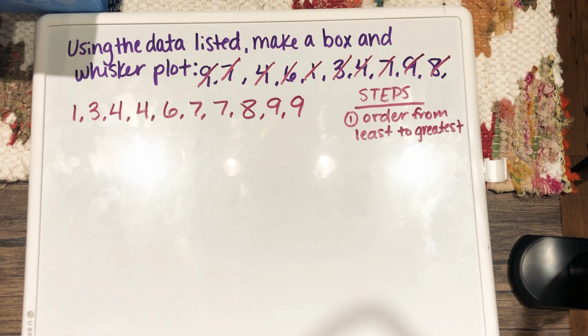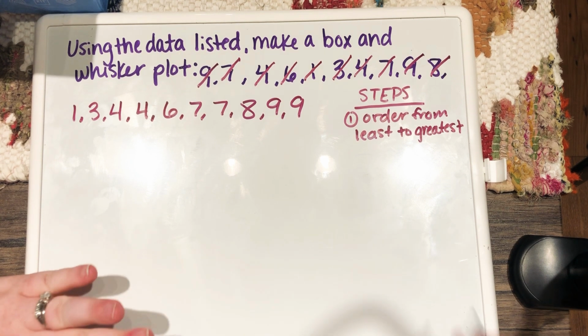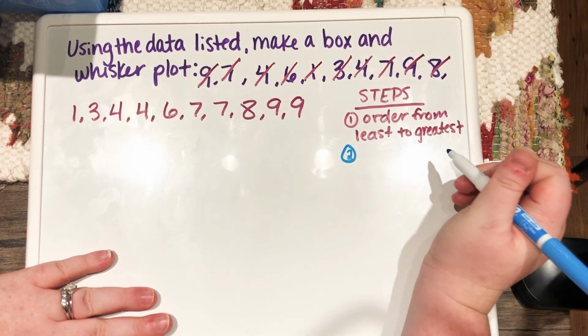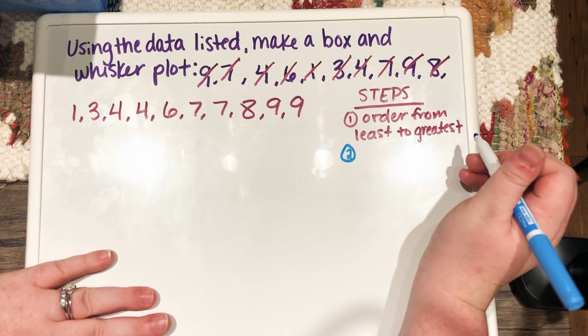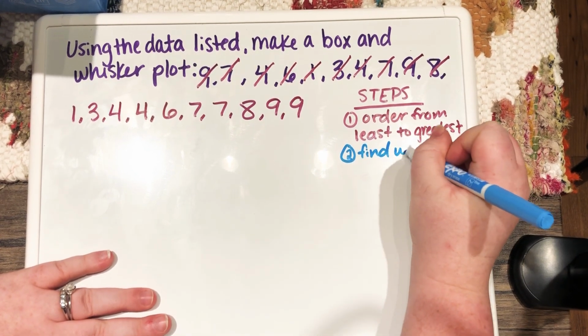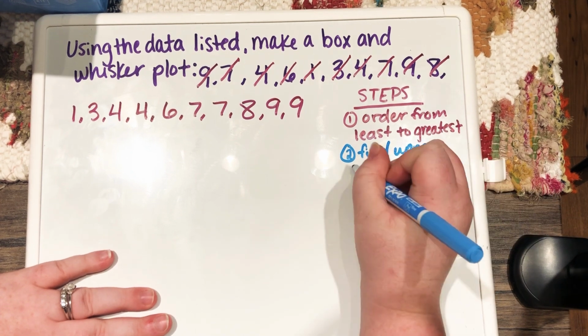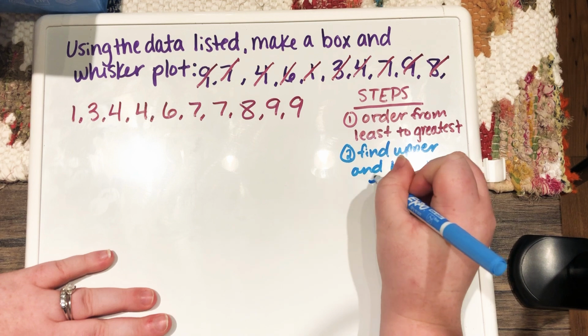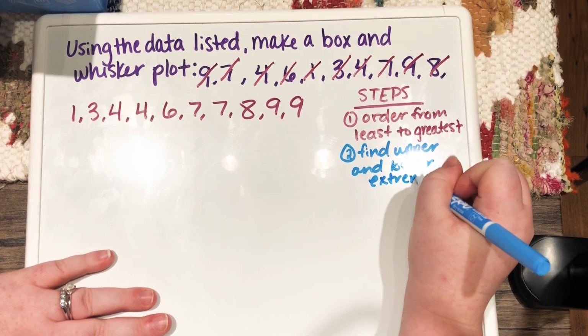Now we're going to start looking for those 5 numbers that we talked about and learned about yesterday and on Tuesday. So step 2, we're going to start with our upper extreme and lower extreme. So find upper and lower extremes.